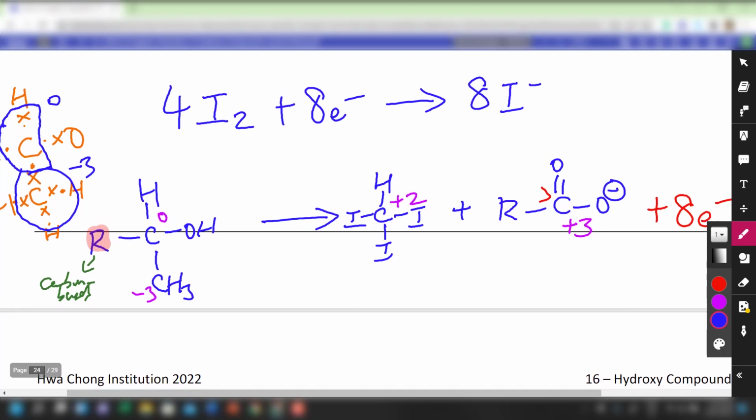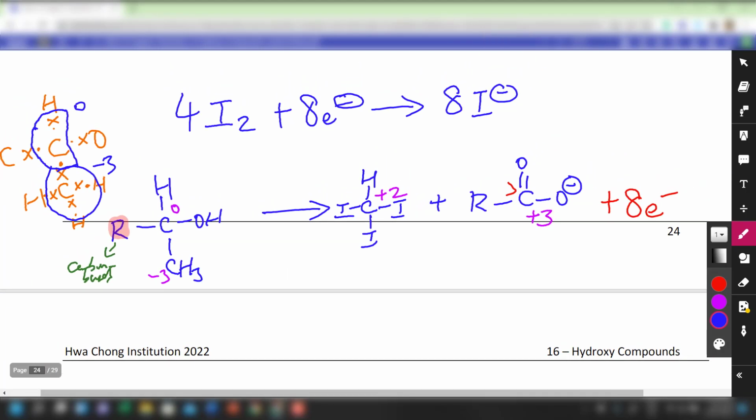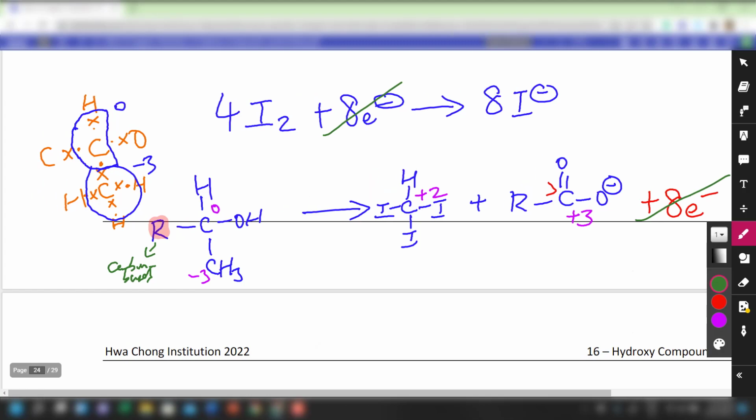Okay, so we are quite there already, because if you look at the balanced equation, it's time we do some cancellation. The first thing we need to do is to add up these two half equations, so that the electrons get cancelled away. Then very briefly, I'm just going to write plus 4I2 here, so I can cancel away the 4I2.